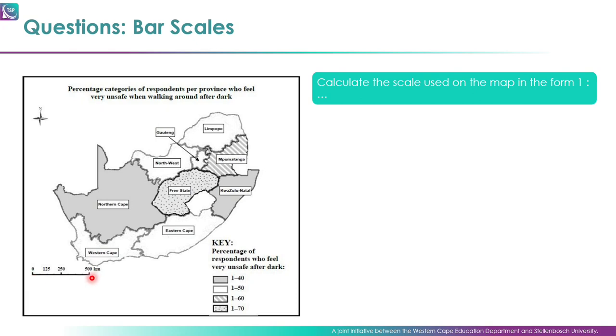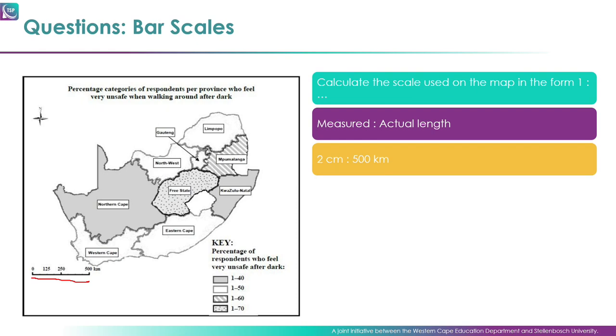So the first thing you will need to do is take your ruler and measure this bar to find the actual length. And when you measure that to get the actual length, you should get 2 centimeters, which means 2 centimeters on the map represents 500 kilometers in real life.